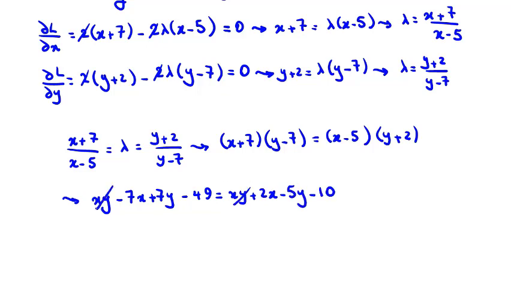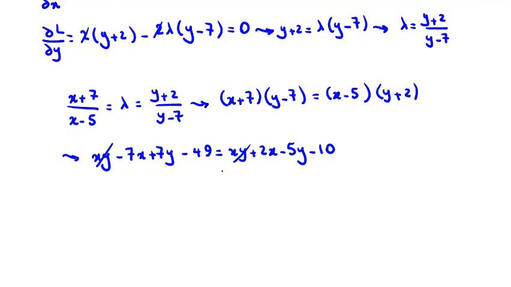Now we can cancel xy from both sides, and then we can take negative 7x to the right side. It will be plus 7x plus 2x, which is 9x. And 49, take it to the right side: negative 49, it will be 49 minus 10, plus 39.